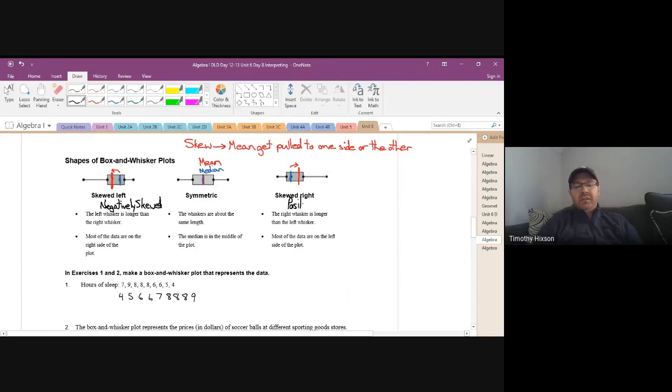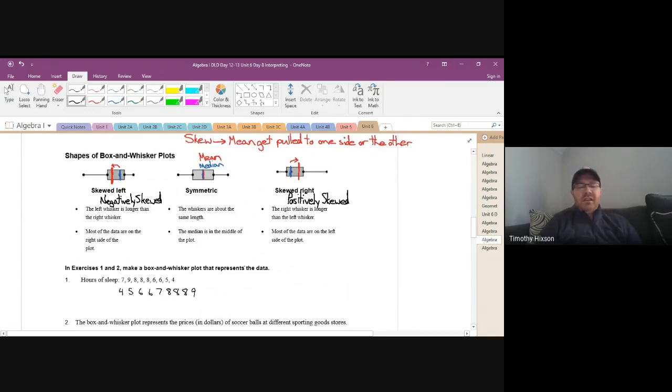Again, thinking about our number line, we're dealing with positive numbers to the right, okay? So this is positively skewed. All right, and you might hear me use both of these terms as we go throughout. Okay, so let's see how we can use this.